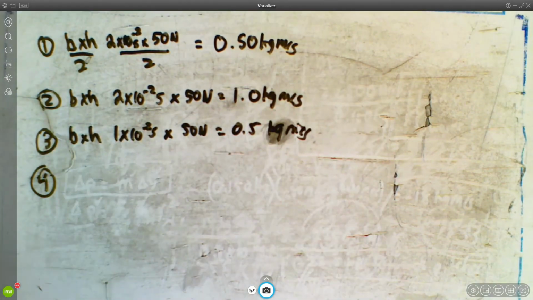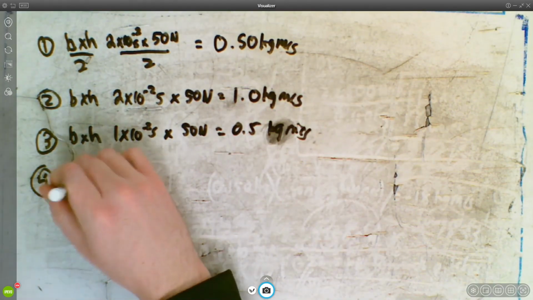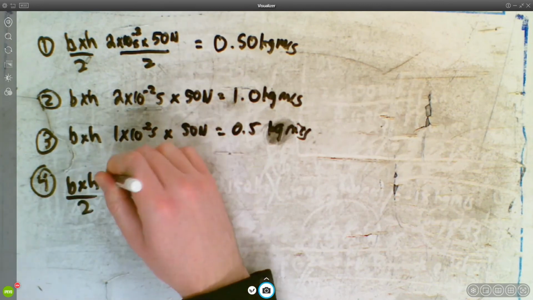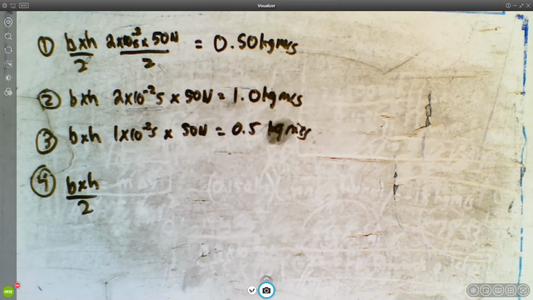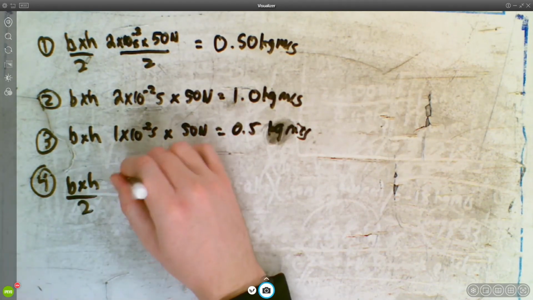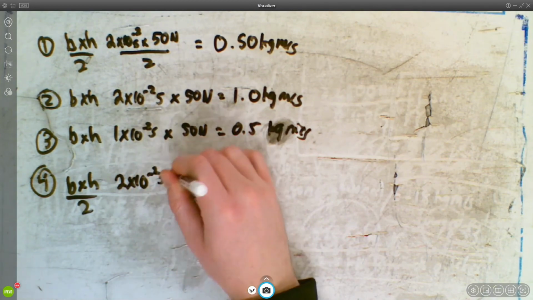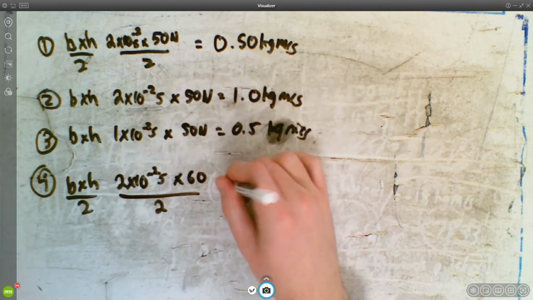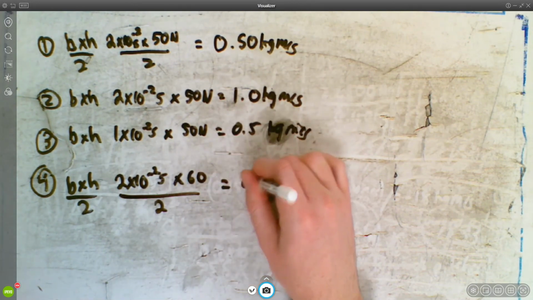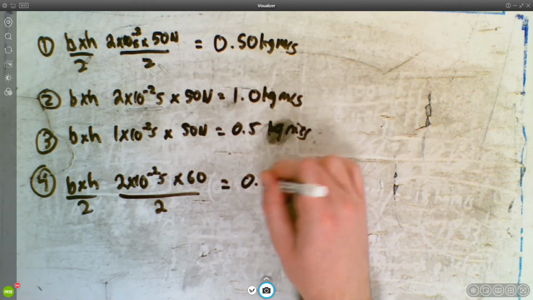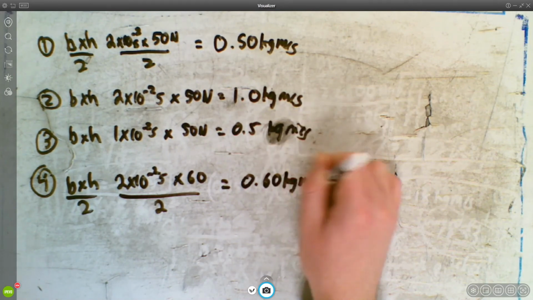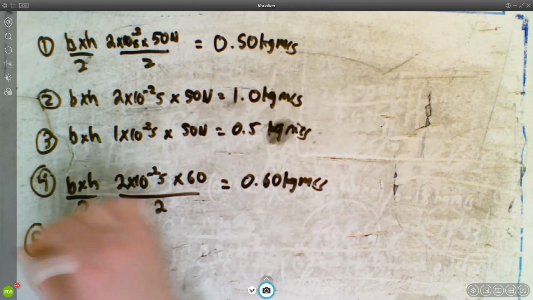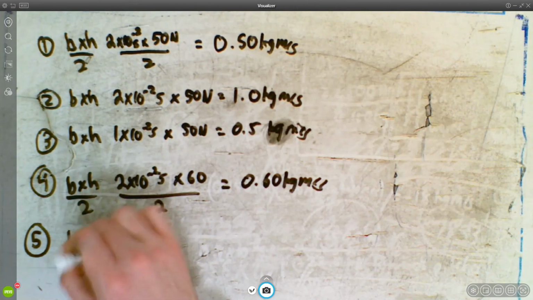And then 4 was that last triangle, so that's going to be base times height divided by 2. Its base is 2. And its height is 60. And I divide it by 2, and that's going to be 0.60 kilograms meters per second.